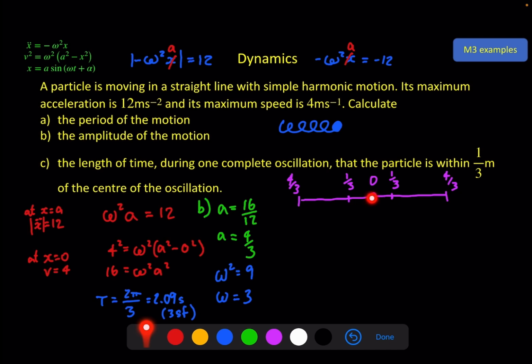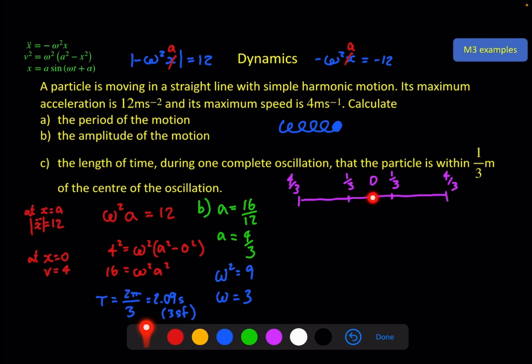So as the particle starts here, comes out this way, slows down, comes back, speeds through here, slows down, comes back to its starting point, how much of that time is spent in this section here? So there's a little bit as it goes out, and then it goes up and back, and then there's a little bit as it comes back through, and as it goes out this way, and then there's a final bit as it comes back through the end here.